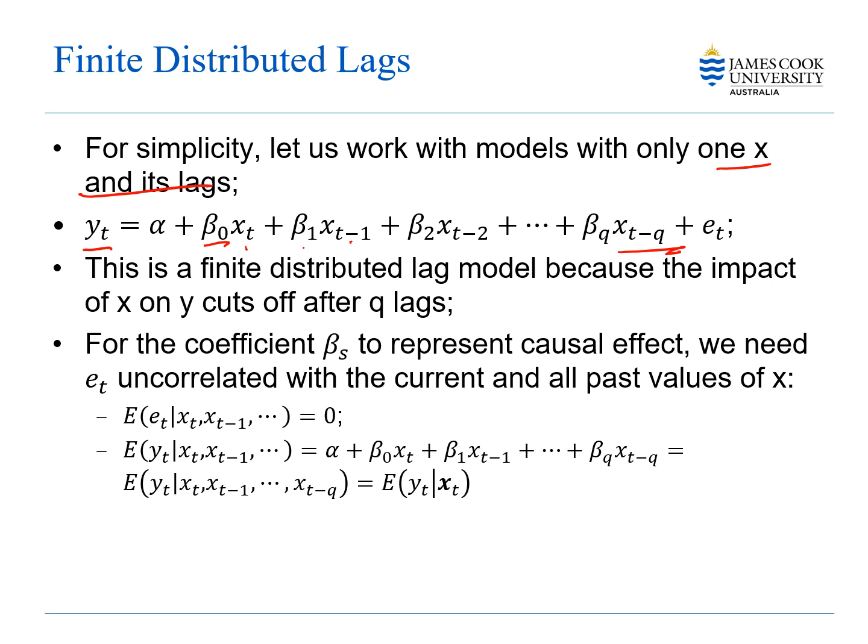So for the coefficient beta s to represent a causal effect, we need Et to be uncorrelated with both the current and all past values of x. So we need this: conditional on xt, xt minus 1, xt minus 2, and so on, the conditional expectation of Et is equal to 0.